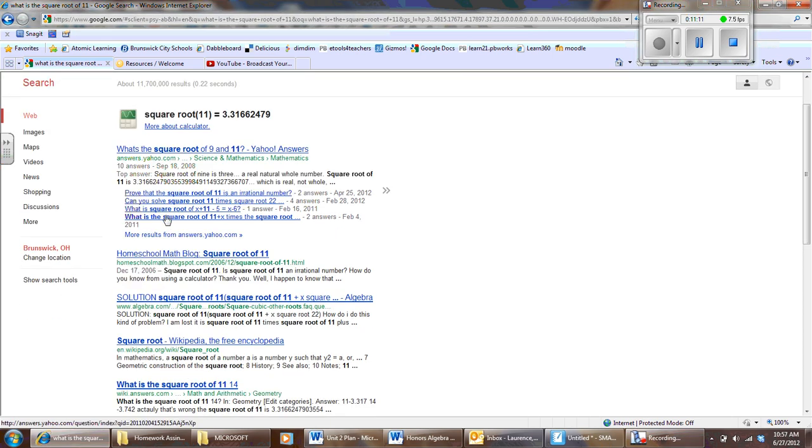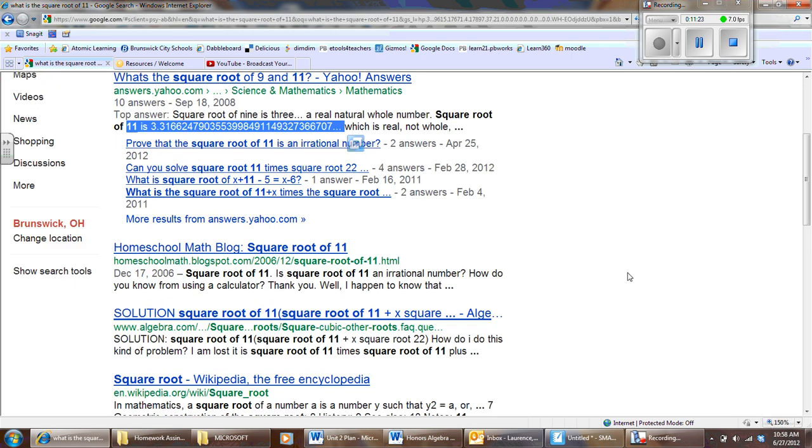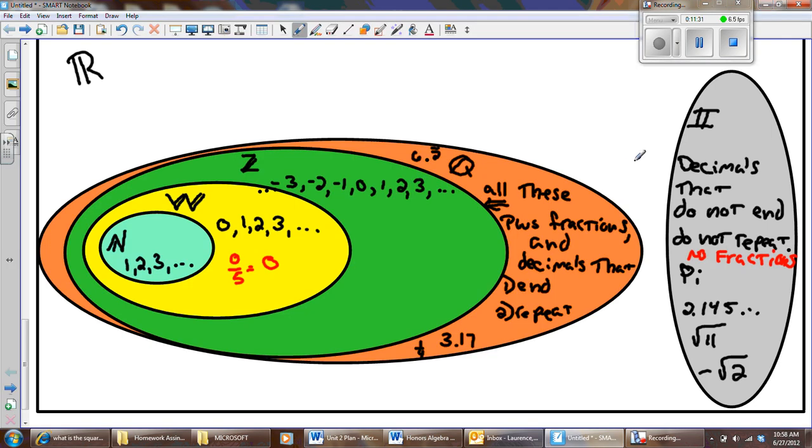If you look down here in this description, notice they include the dots. I'll blow that up a little bit so it's easier to see. So that makes it an irrational number. It's a decimal that goes on forever without repeating.